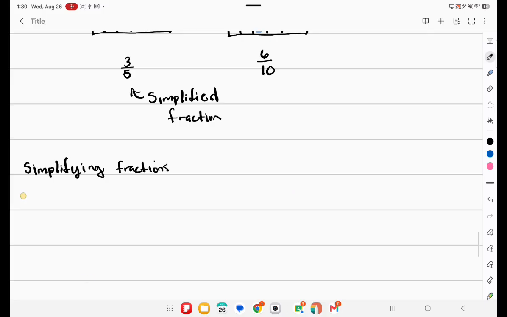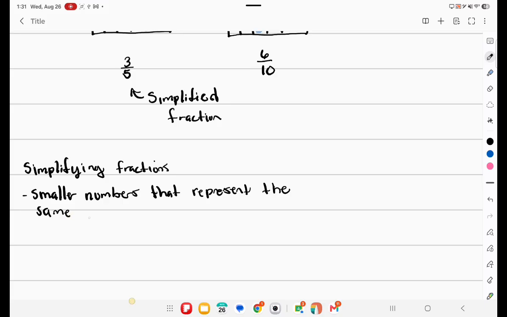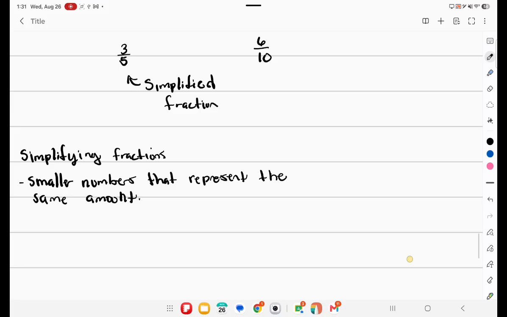When you simplify fractions, we're going to have smaller numbers that represent the same amount, though. Some of y'all don't believe me. Let me prove it to you.